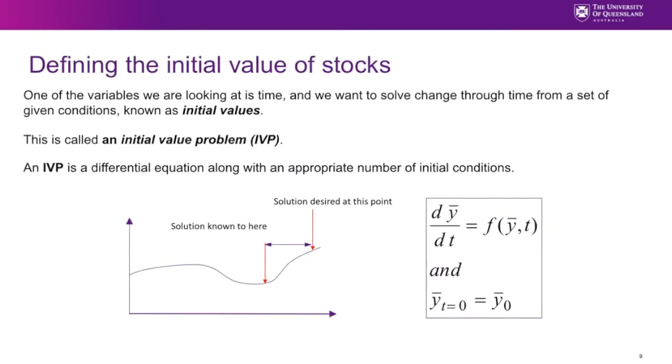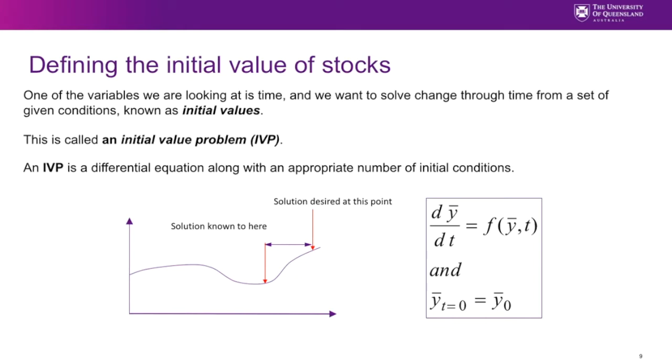So for our models, we are dealing with initial value problems, in our models with only time dependency. All right. So one of the variables that we're looking at is time, and then we have to define the solution through time from a set of given conditions known as initial values, right?